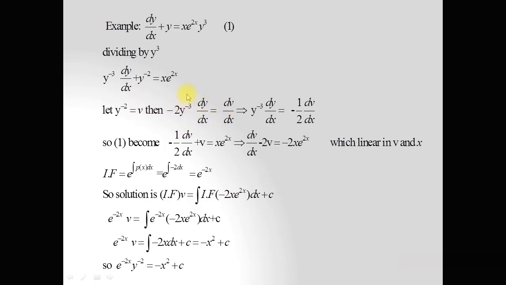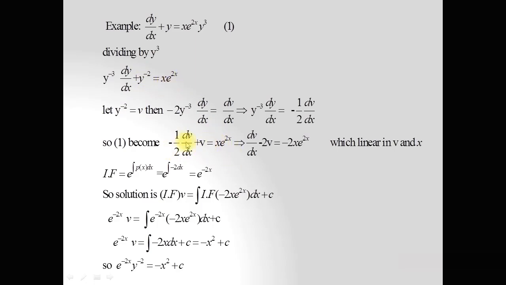To find the value of y^(-3) dy/dx, which is what we have on the left hand side, y^(-3) dy/dx is equal to -1/2 dv/dx. Putting this into the equation, we obtain -1/2 dv/dx + v = x e^(2x), where y^(-2) is v and the right hand side is x e^(2x).